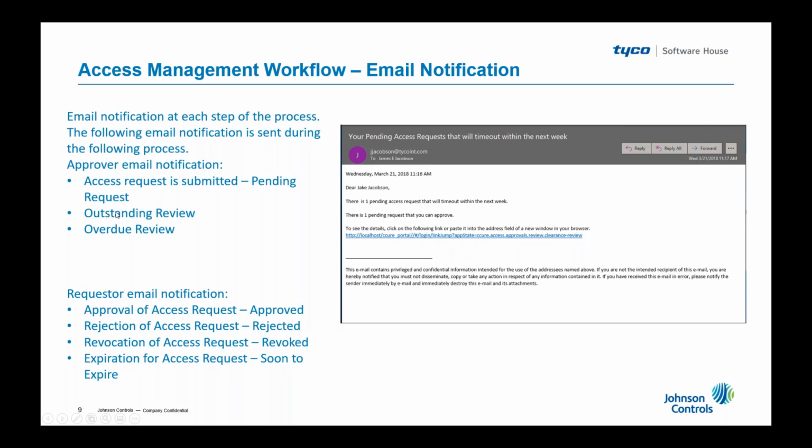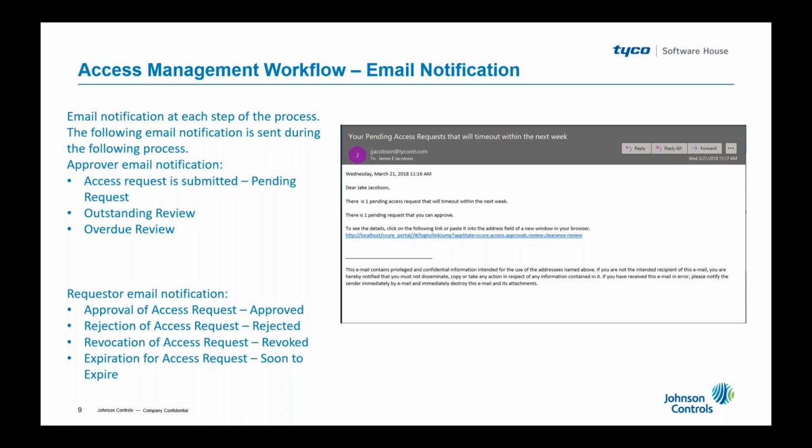They also get notified via email on outstanding reviews or overdue reviews that have not been reviewed by the review date. The requesters also get emailed when their request is approved, if their request was rejected, if their clearance was revoked, and soon to expire.